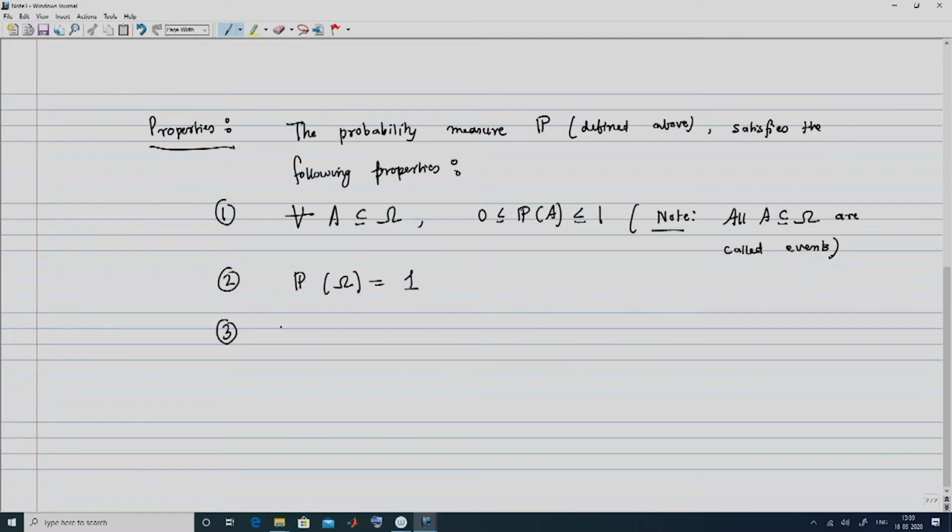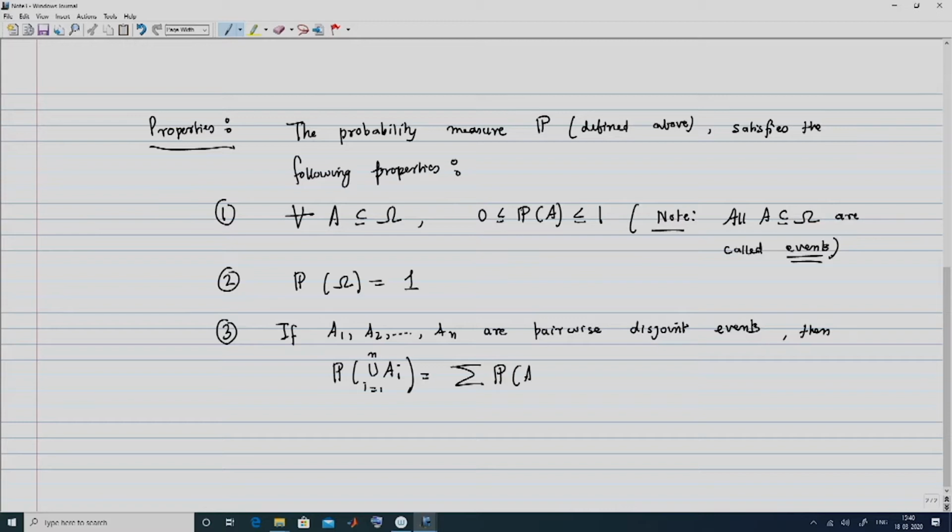And the last property of the probability measure is that if A1, A2 all the way to An are pairwise disjoint events, then the probability of the union over i equal to 1 to n is simply going to be the sum of the probabilities of the Ai, i equal to 1 to n.